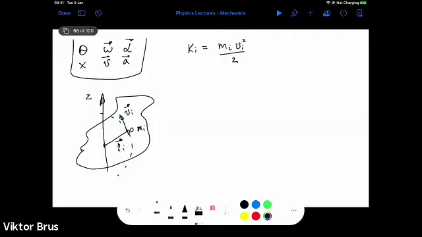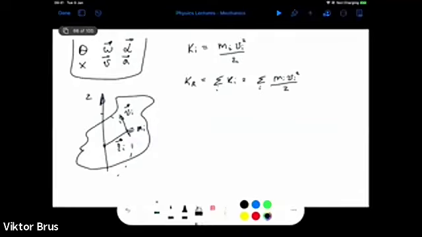Then the kinetic energy of rotation of this rigid body would be the sum of kinetic energies of each of its parts. So kinetic energy of rotation will be equal to the sum over all i of K_i, which is equal to the sum over all i of m_i v_i squared divided by 2.